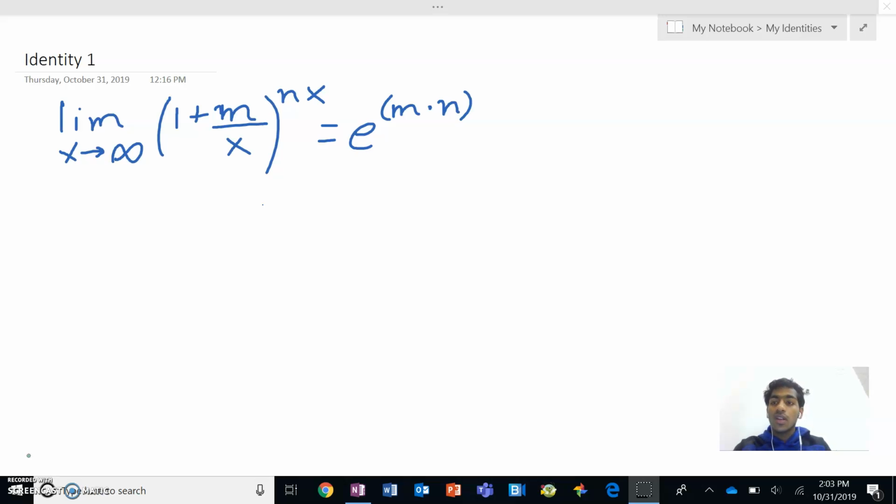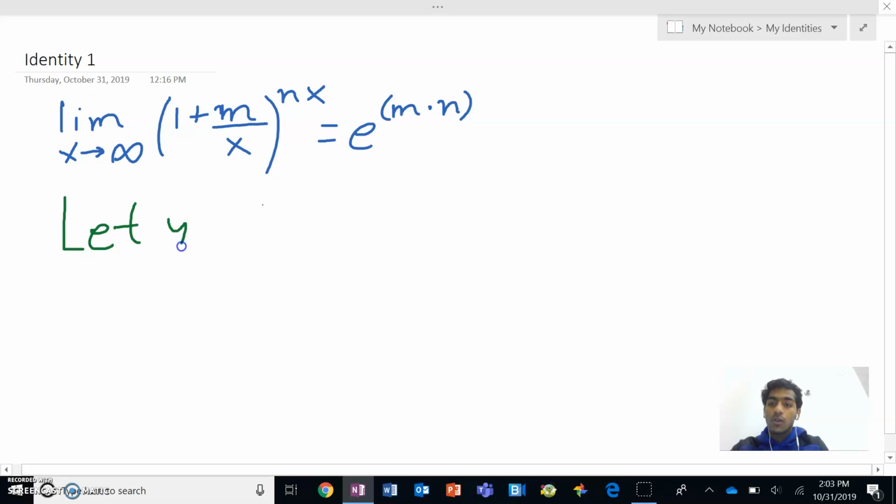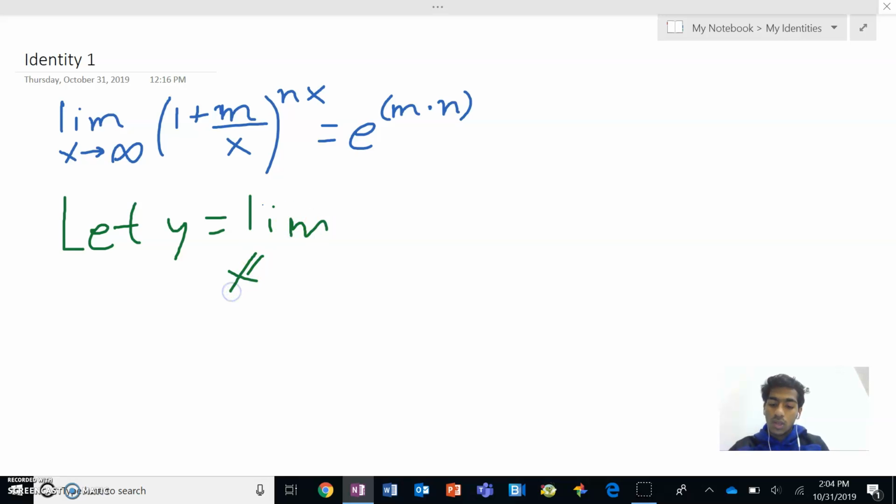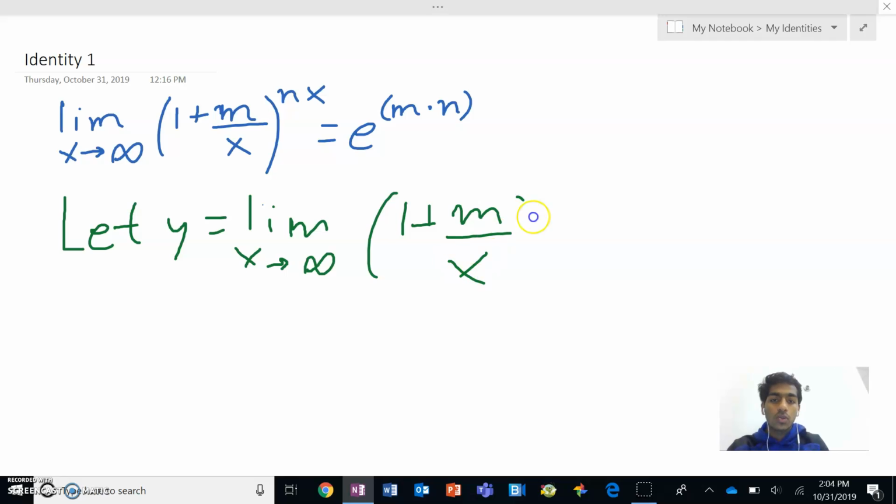Anyways, let's get started and write the initial equation: let y equal the limit as x approaches infinity of (1 + m/x)^(nx). Now, of course, I cannot really apply L'Hopital as yet.